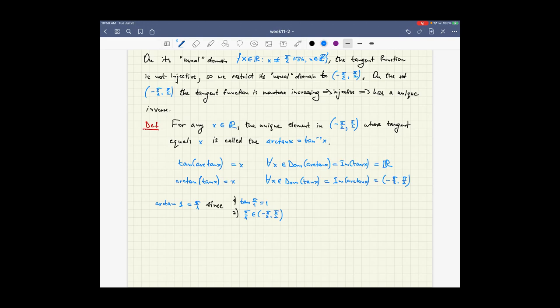As we will explain in a second, arctangent is an odd function, so arctangent of -1 is -pi/4. Arctangent of 0 is 0. That is because tangent of 0 is 0, and 0 belongs to the interval -pi/2, pi/2.